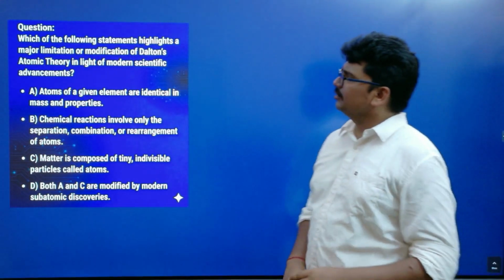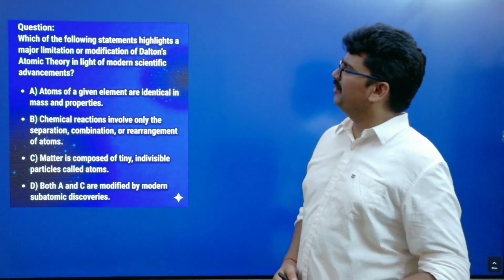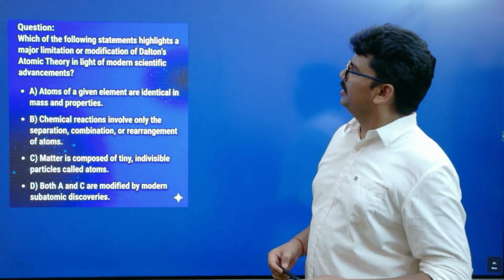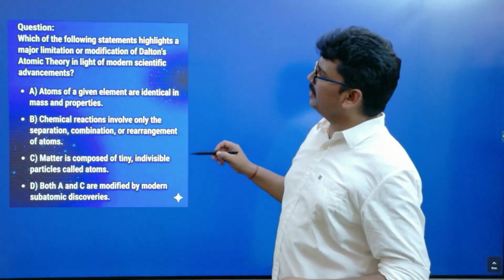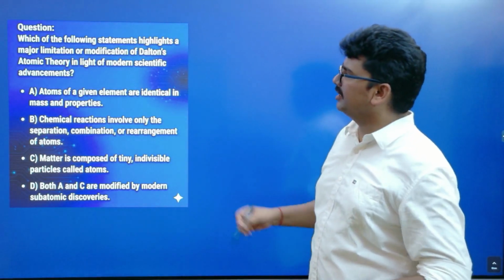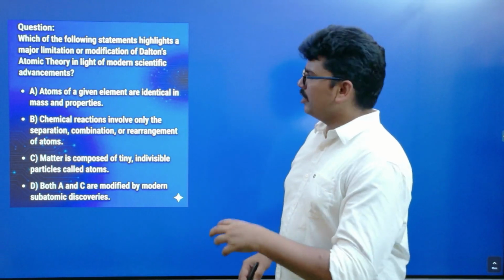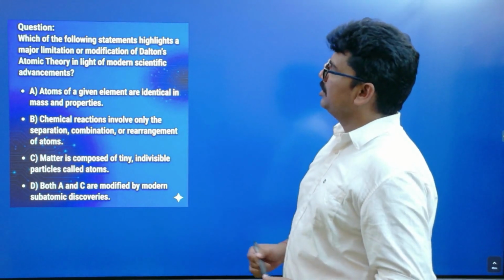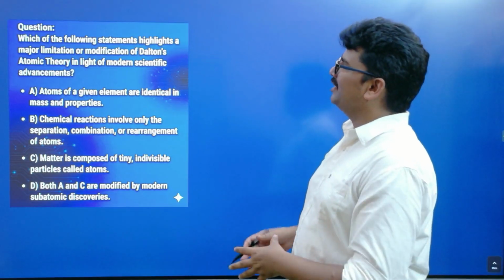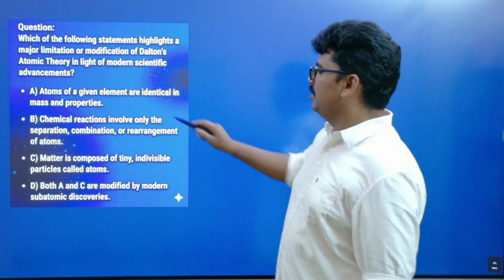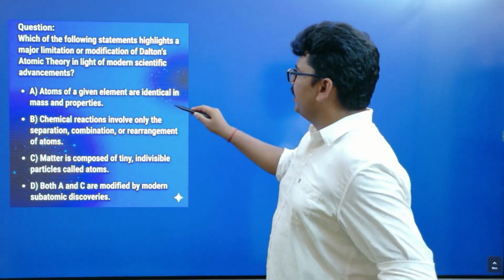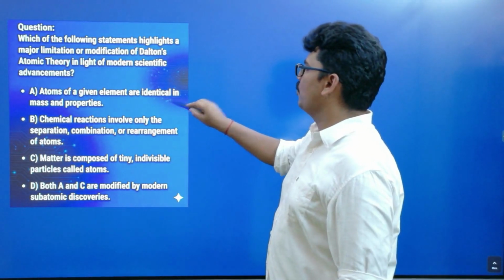Now, important questions based on Dalton's atomic theory. Which of the following statements highlights a major limitation or modification of Dalton's atomic theory in light of modern scientific advancements? See, one by one, all statements. First statement: atoms of a given element are identical in mass and properties.